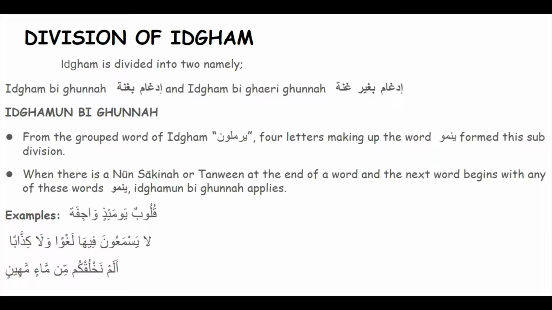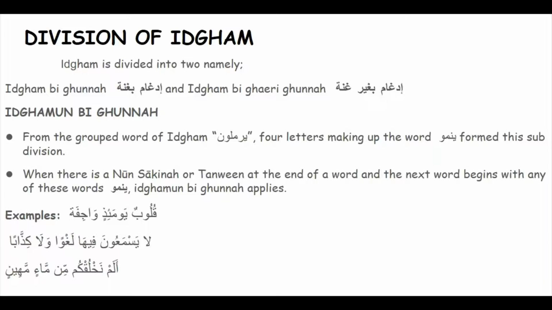Then this remnant of nun sakina is what produces ghunna, and that's why it is called idghamun bighunna. And we have four letters of idghamun bighunna extracted from the six letters of idgham that we have, that is yarmalun.